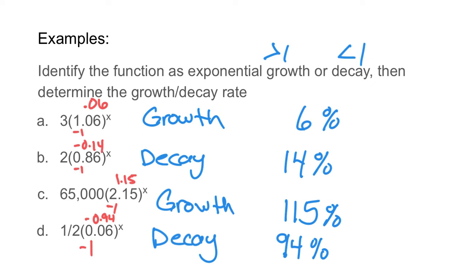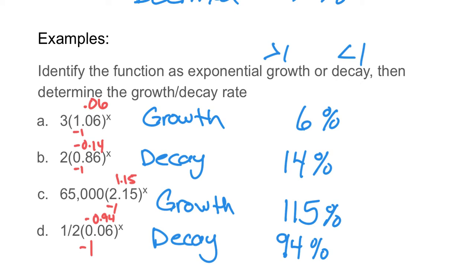So those decimal values that we get when we subtract 1 become the percentages that we are growing or decaying by. You do have to turn it back into a percent by multiplying. So if you want to go from a decimal to a percent, you're going to divide by 100.